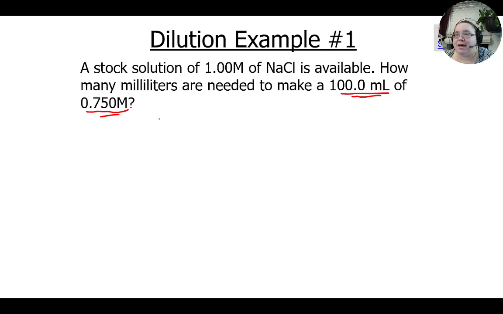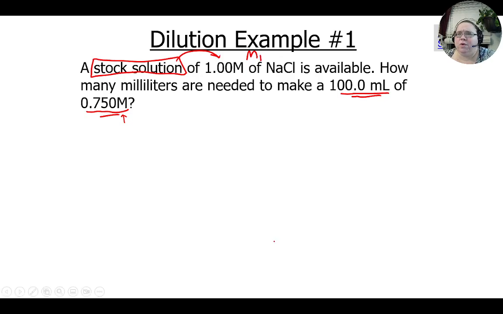So my M, my molarity, is going to be either my M1 or my M2. I do need to read a little bit more specific to figure out which one it is. And usually you're going to see words like concentrated solution, diluted solution, or in this particular case, stock solution. So it's telling me that that is my stock solution, which means by default it must be my M1.